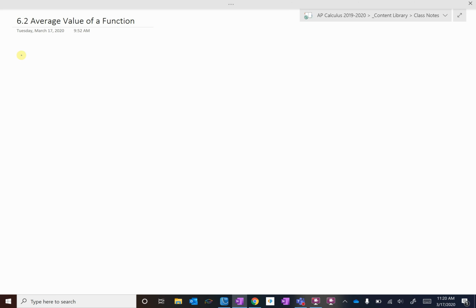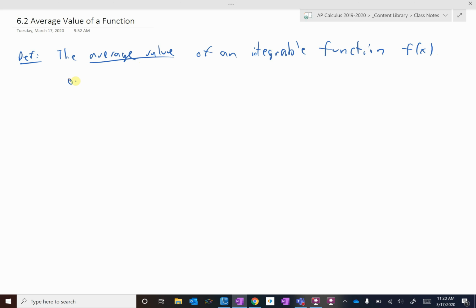First we'll just start by defining the new formula for us, which says that the average value of an integrable function, some function f of x on a closed interval from a to b, is equal to the following formula.